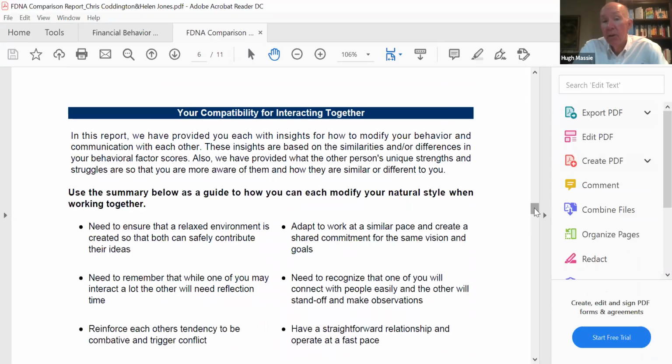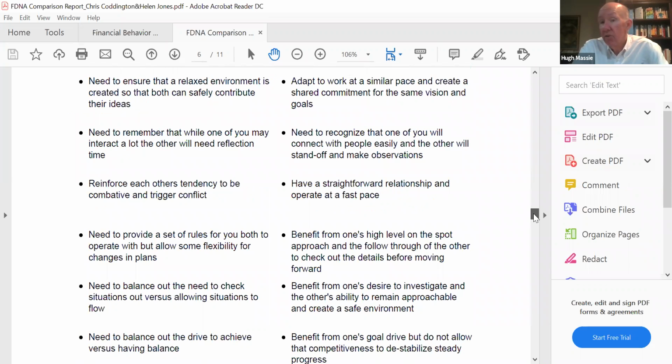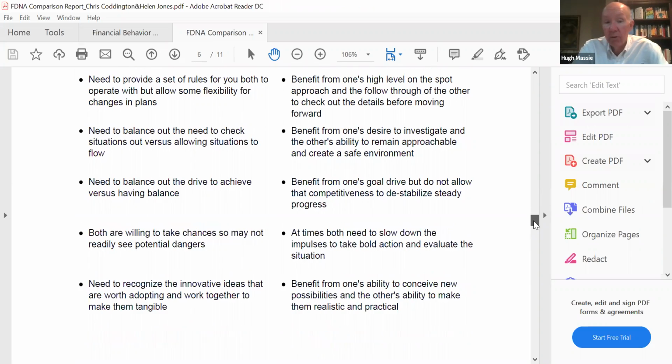I think the part that's very important here is showing both of them how to modify their behavior to work well with each other. And so these cues here provide those insights. So this is where this report becomes very valuable in providing the action points for them to adapt to each other.